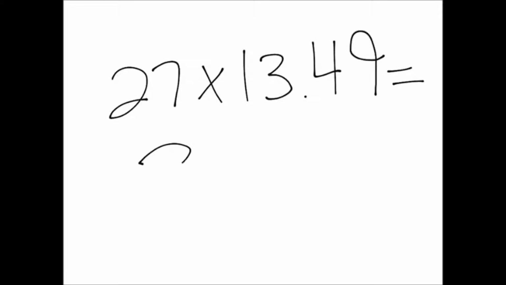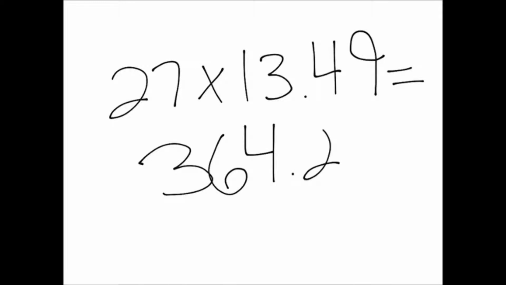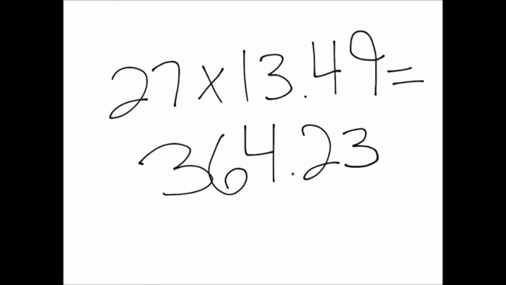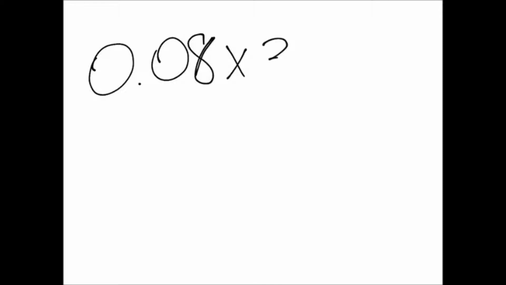So first, we'll start with this part. 27 times 13.49 equals 364.23. Okay, so now, like I said before, we would sub that in right here.